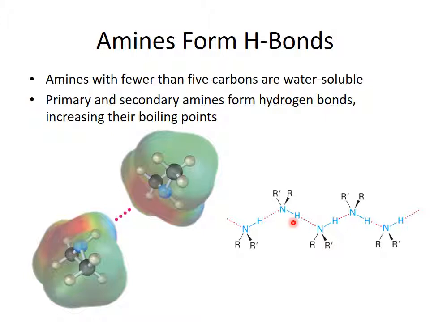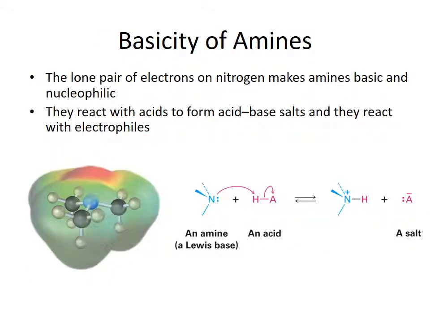It is through that hydrogen on the nitrogen that they can hydrogen bond to each other. So a tertiary amine actually has a much lower boiling point than the primary and secondary amines with the same number of carbons because of hydrogen bonding between the amines in the primary and secondary amines.